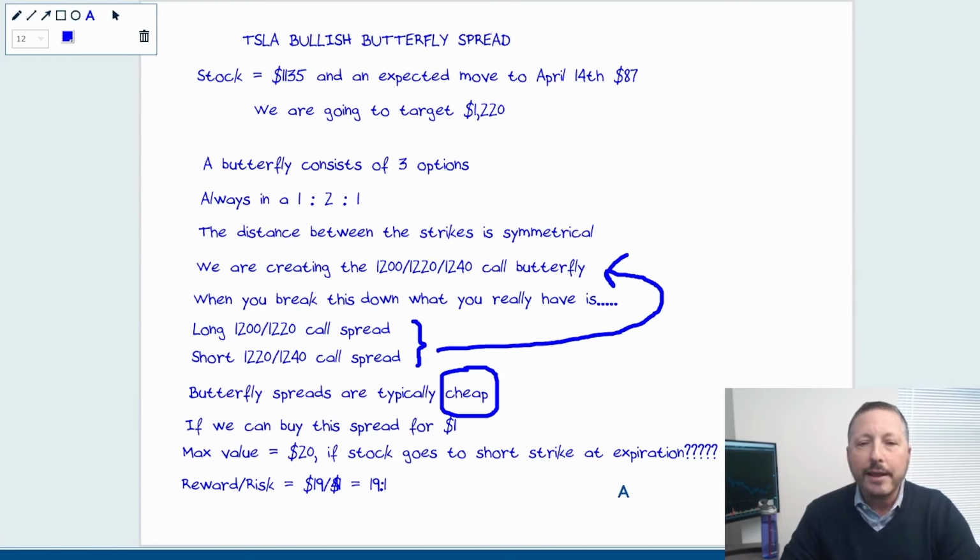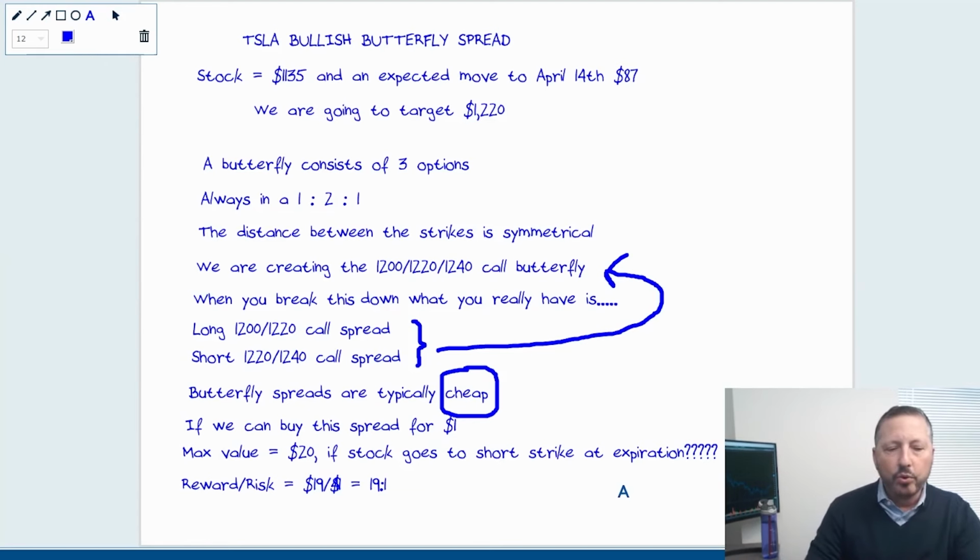That's the way that butterfly spreads work. And that's a reason why traders love butterflies, because they're typically very cheap. They provide huge reward to risk, but they don't always come into play at that size maximum gain.